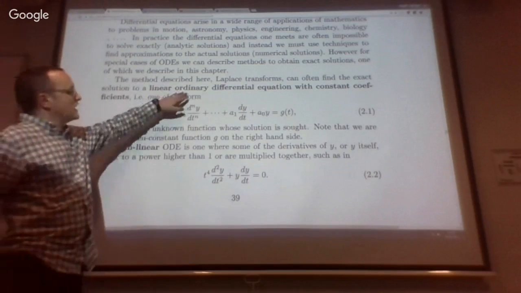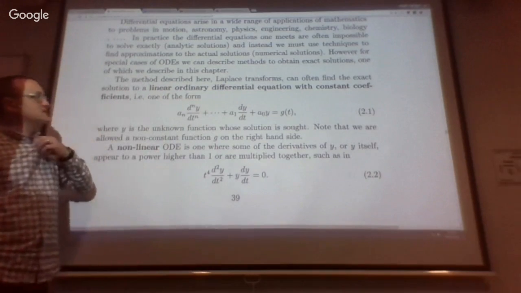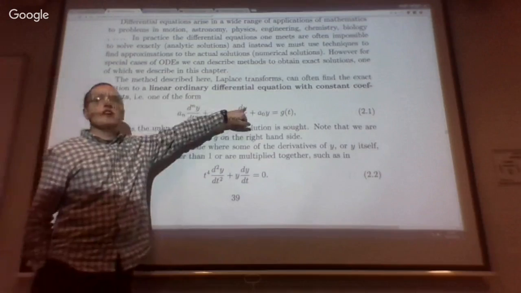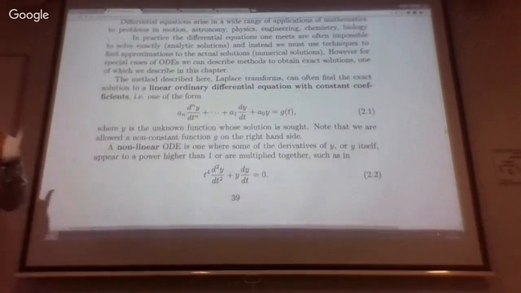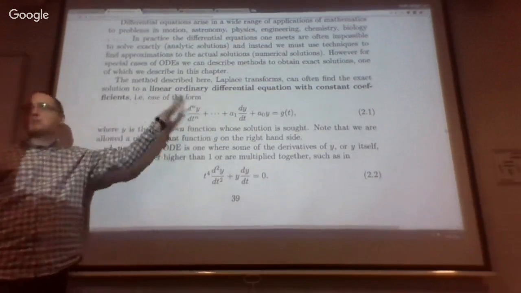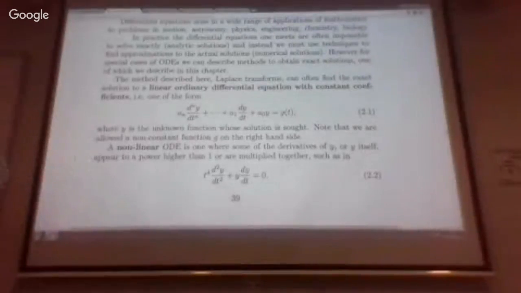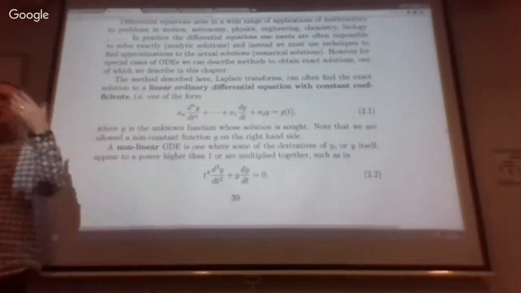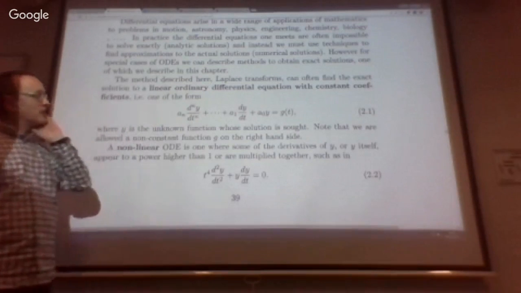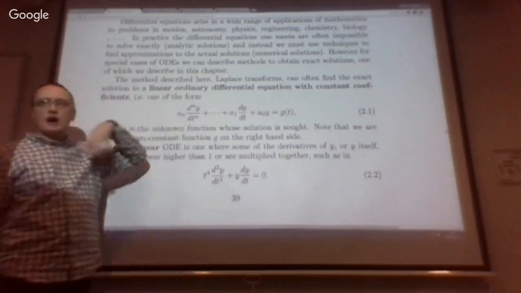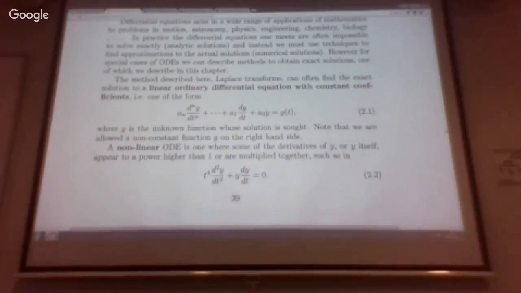The ordinary part means that there's an unknown function, and here the unknown function is y of t, a function of a single variable, t. That's the ordinary bit, ordinary as opposed to partial. Partial differential equations is where the unknown function is a function of a number of variables, and the equation features partial derivatives. These are ordinary differential equations, an unknown function y of one variable, and there are various derivatives of y.